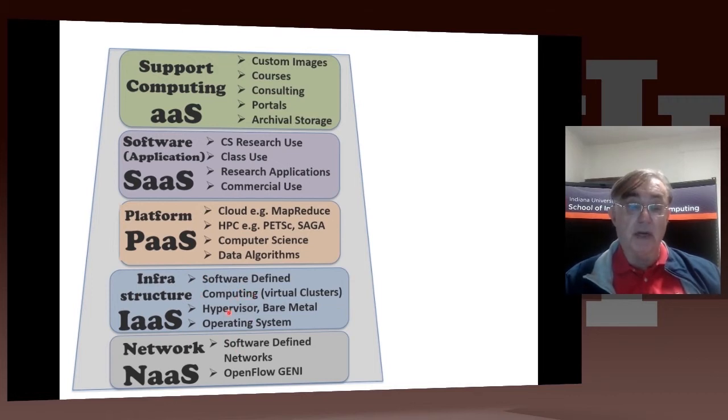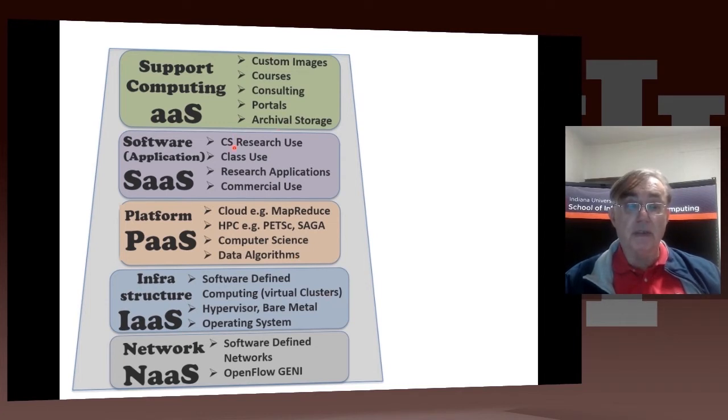They have hypervisors, or they could run directly on the computer. And we, of course, have the operating system at this level. Then we have platform as a service, where I pointed out things like MapReduce. If we were doing parallel computing or high performance computing, we would have libraries like PETSc or grid technologies like SAGA at this level. We could have computer science, say compiler tools or sensor tools, or maybe even data algorithms placed at this level.